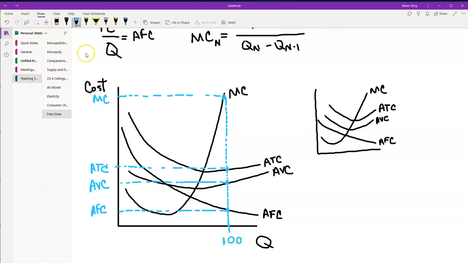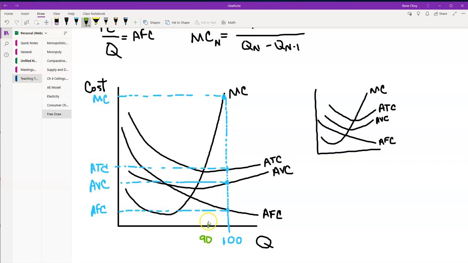Okay. Now, alternatively, let's pick a different point of production. Let's say instead that I want to produce over here, somewhere around here. Let's say that this production point is 90.